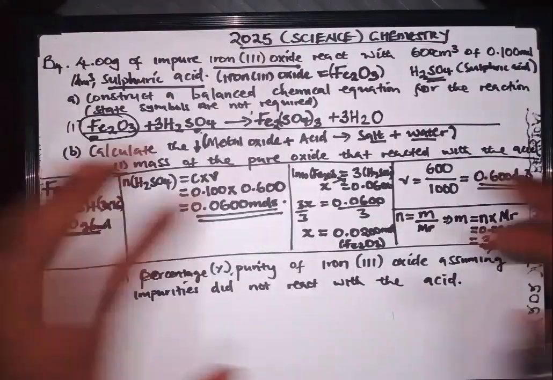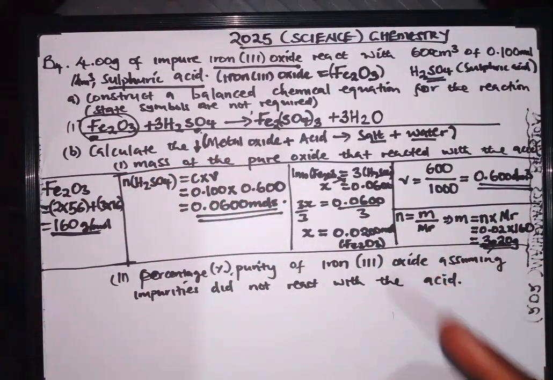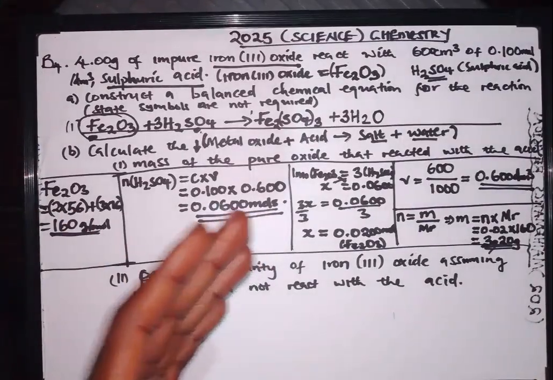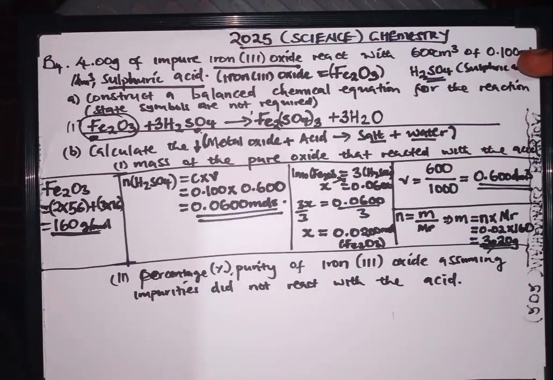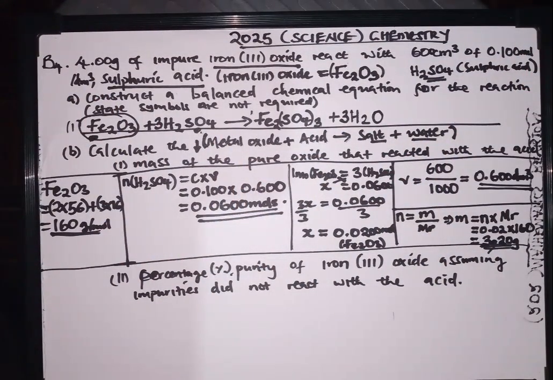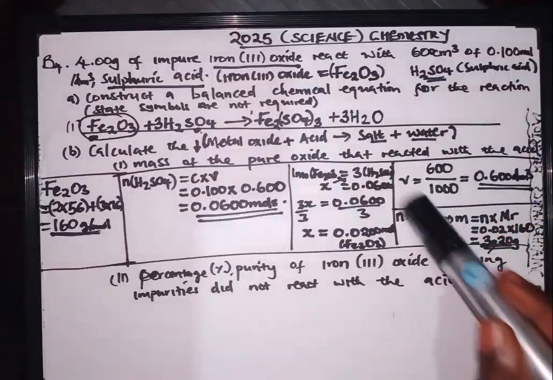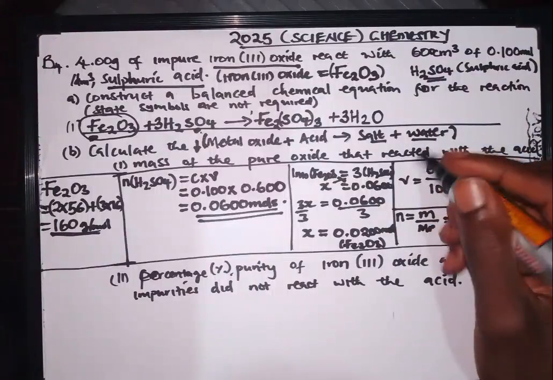Yeah, so this is how you solve the question on molar mass when you have been given the volume and the concentration. So this is how you can convert it. So step 1, you convert the volume to decimeter. This is step 1 for those that are joining me now.